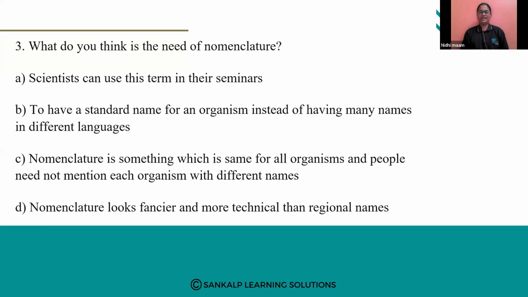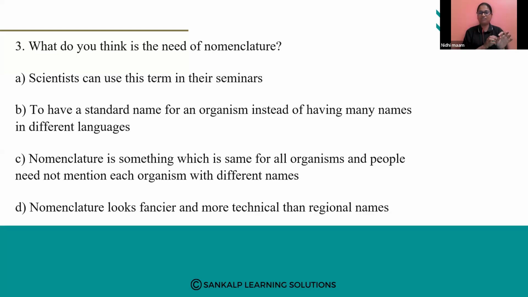What do you think is the need of nomenclature? Why do we have to name the organism? Scientists can use this term in their seminars to have a standard name for an organism instead of having many names in different languages. Standard name means one particular name for one organism, so the confusion from many names in different languages reduces.